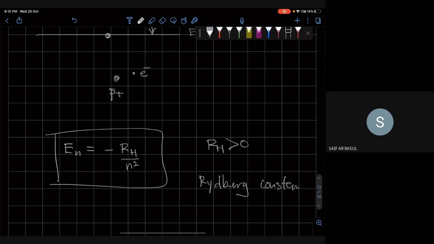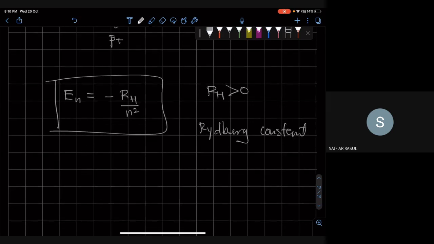So the energy levels of the hydrogen atom or the hydrogenic atom are minus R_H over n squared. Okay, these are the energy levels of the bound states.